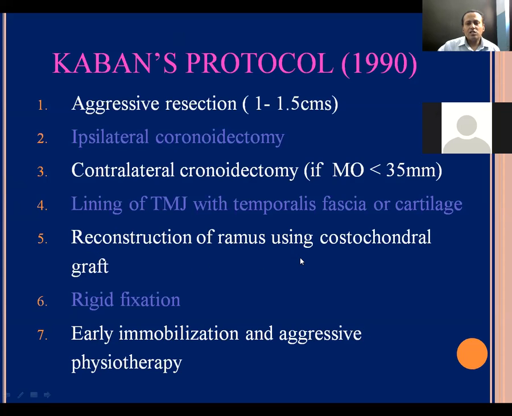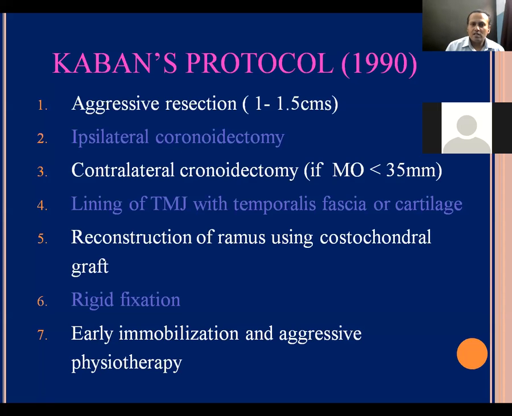Then reconstruction of the ramus using costochondral grafts. Then rigid fixation and early immobilization with aggressive physiotherapy. So these are the 7 steps of Kaban's protocol in management of temporomandibular joint ankylosis in children.